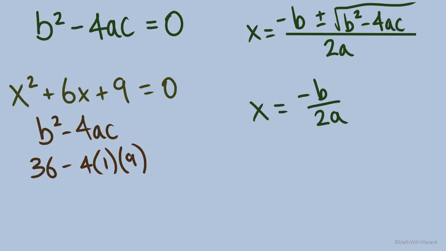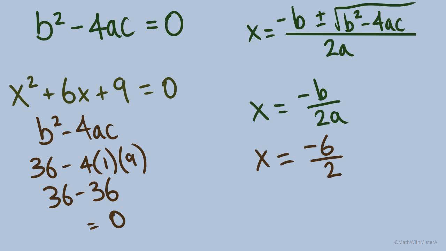So 6 squared minus 4 times 1 times 9, we're looking at 36 minus 36 is 0. Let's also look at what happens when we solve this the rest of the way using the quadratic formula, and we go to negative b over 2a, negative 6 over 2 equals negative 3.